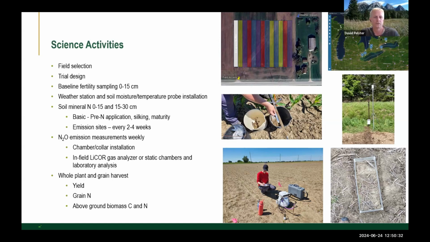We're doing nitrous oxide emission measurements. We're doing those weekly, and then we'll look at planting grain yield at the end of the year, and then biomass as well, biomass carbon and nitrogen through the year, so we can get an idea of how these different treatments, not only what it means for emissions, but what it means for the crop as well.